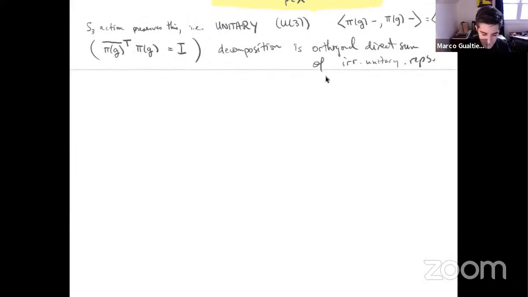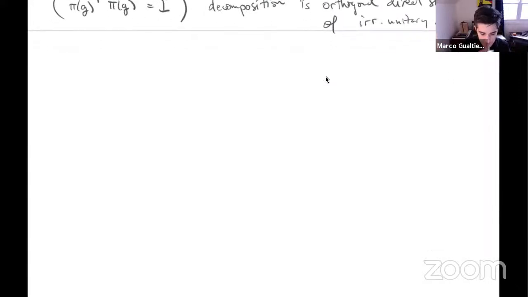So there's a difference. There are two natural actions here of S3.